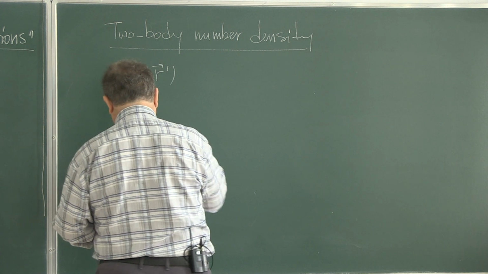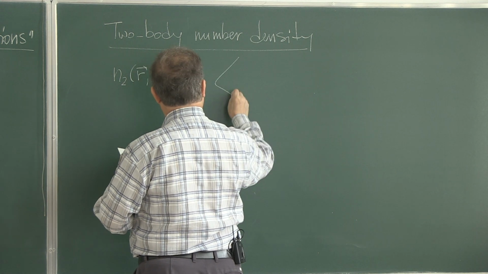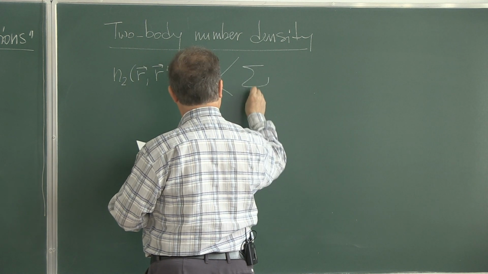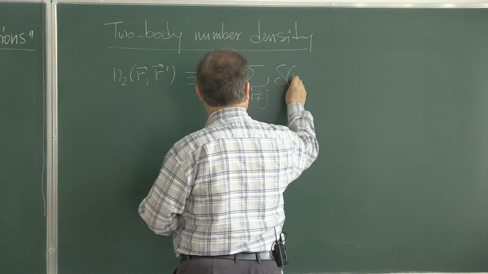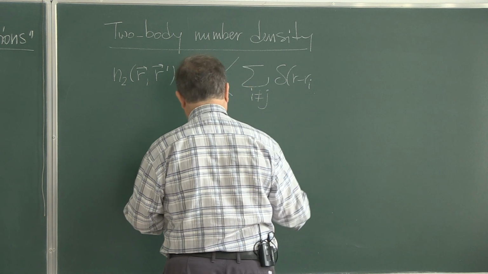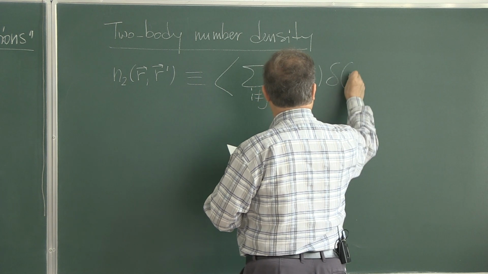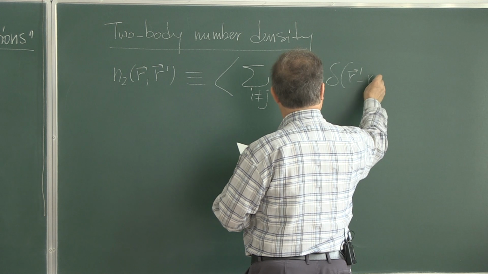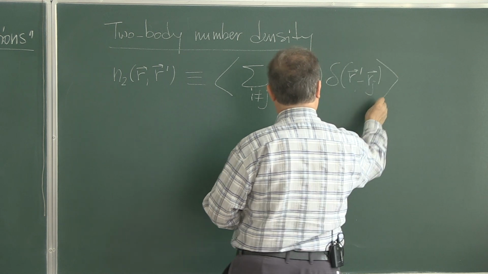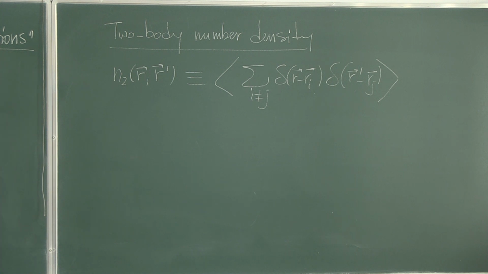So it is defined as an average of the sum over i different than j of delta(R minus Ri) delta(R prime minus Rj). That's the definition of the correlation function, the two-body number density.